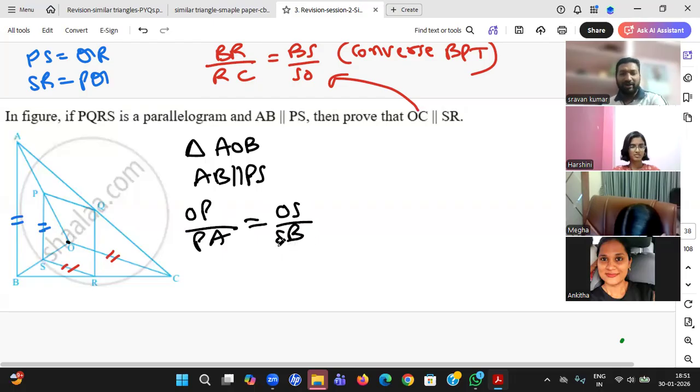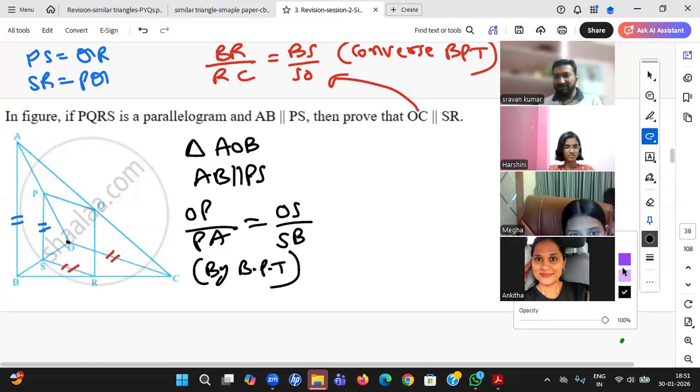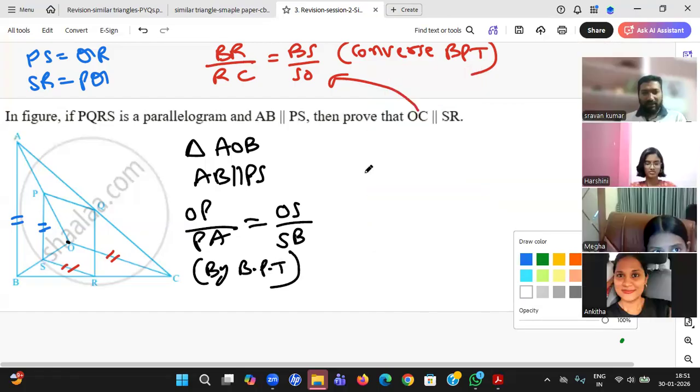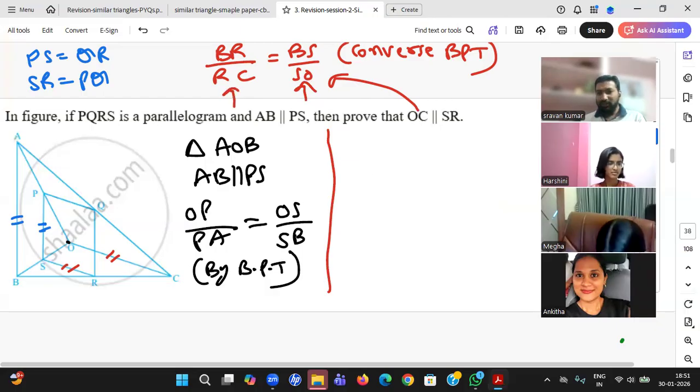By BPT, this word is very important. I want OB by OS in the picture, and I brought OB by OS in the picture. Very good, Harshini. So this is what I got. Next. Yes, Tanish, I already got this, beta. I want to bring this thing in the picture. I'll use the blue color.